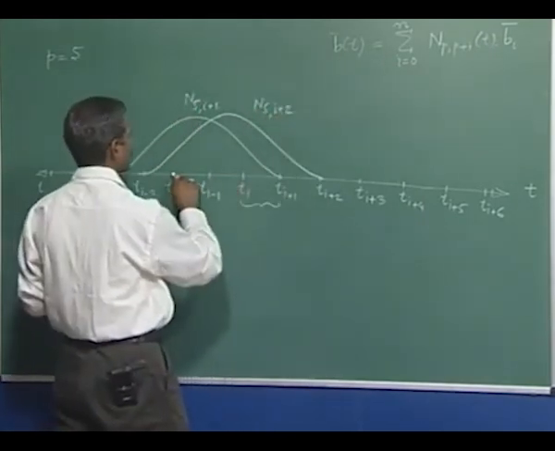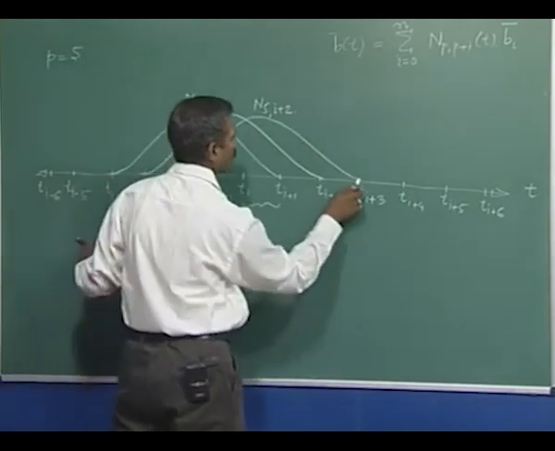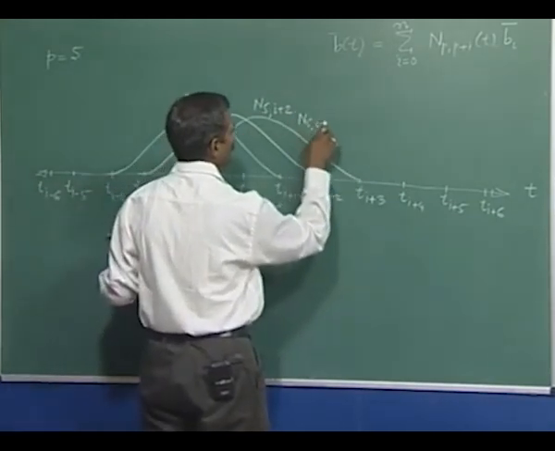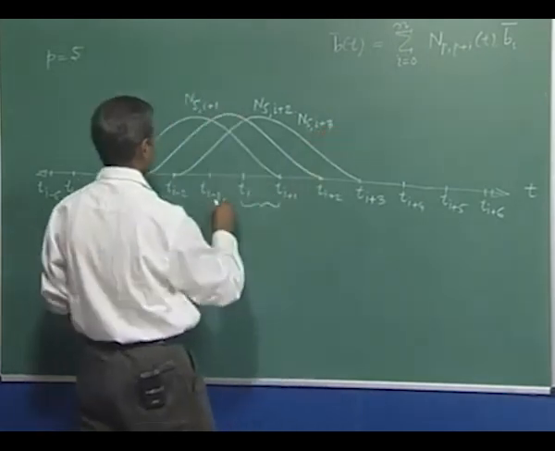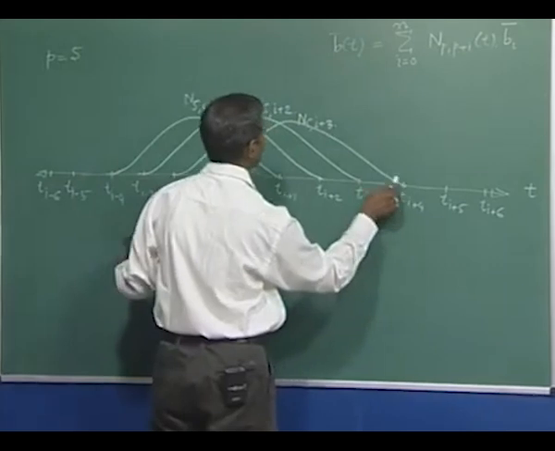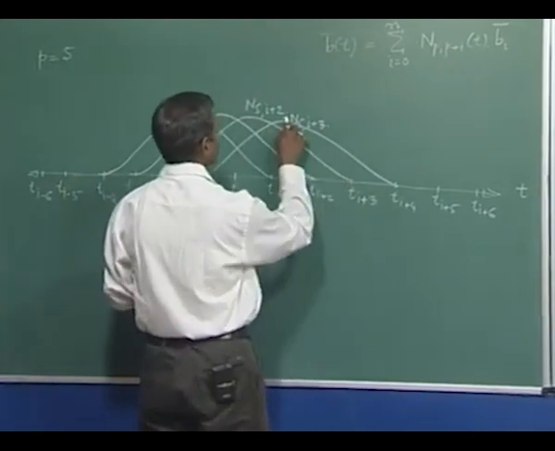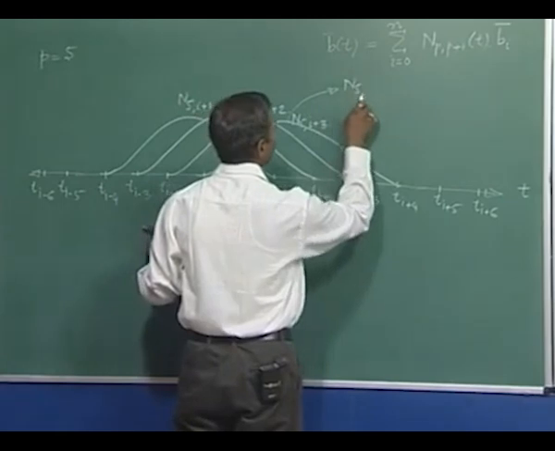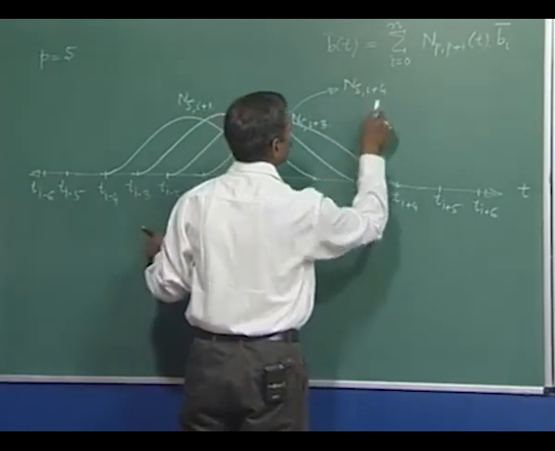The third one, N 5 i plus 3. The fourth one, N 5 i plus 4.